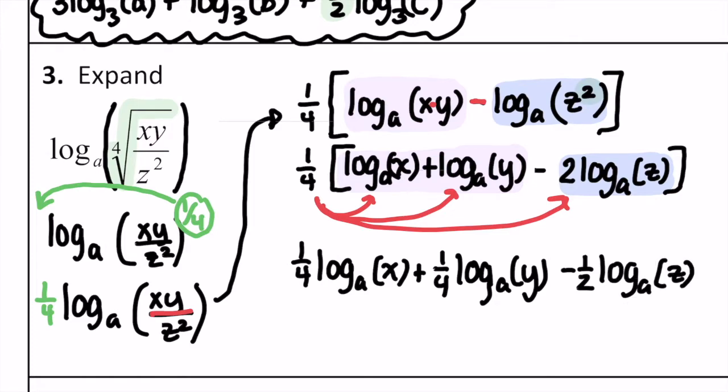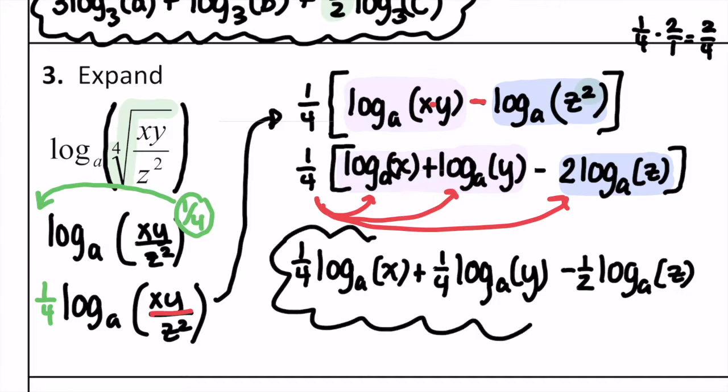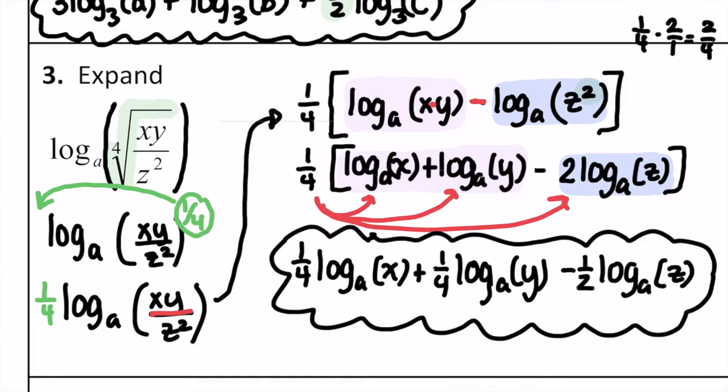So 1/4 times 2 is 2/4, and I just simplify that to be 1/2. And that's it. If I look in my expanded form, I should have a single factor by itself inside of the logarithm, nothing being multiplied or divided inside, no exponents, just coefficients. So I'm finished.